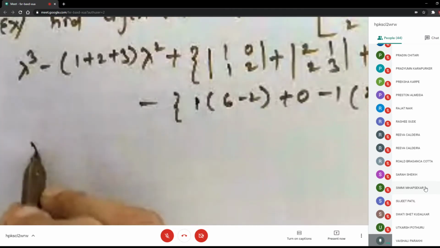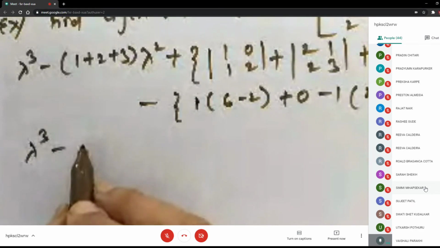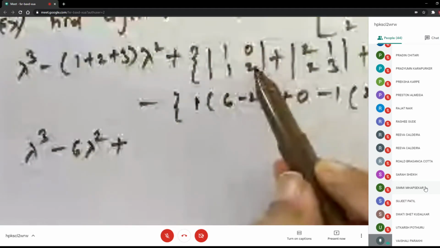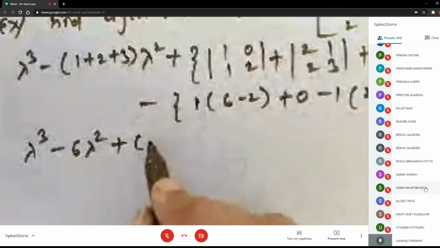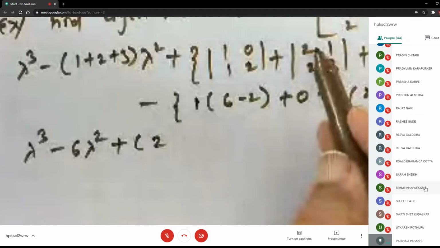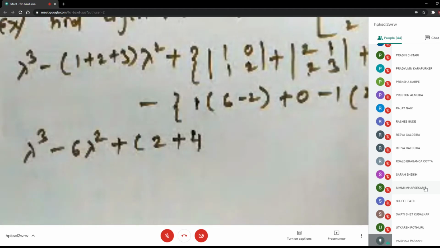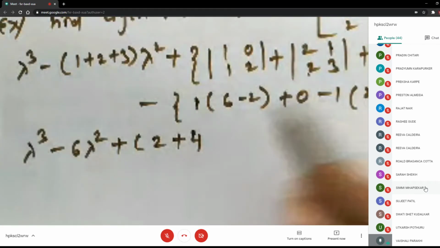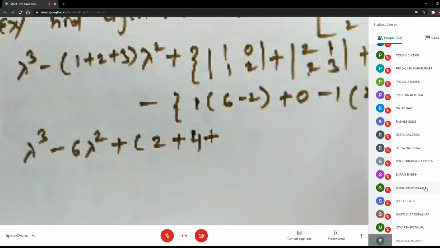So how does it look? Lambda cube minus 6 lambda square plus, now see here you can do the calculation. 2 into 1 is 2, right? And 0 means it will remain 2, then 3 times 2 is 6. Then here 6 minus 2 is again 4. Correct? 3 minus minus, this will be 5.